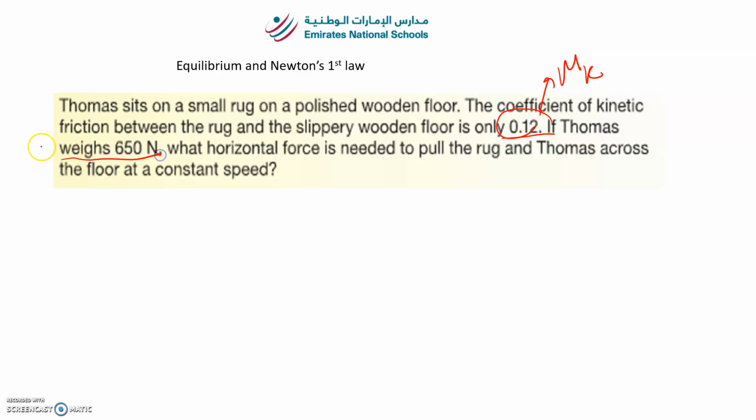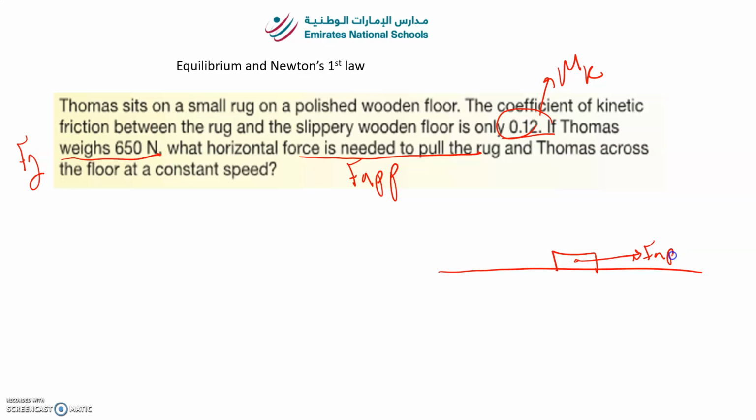Thomas's weight, Fg, is 650. I need to find the horizontal force, the applied force. Free body diagram: an object, I can draw it as a small box. This represents Thomas and the rug. I have the applied force, and opposite to this applied force, I have friction, and it's kinetic friction.